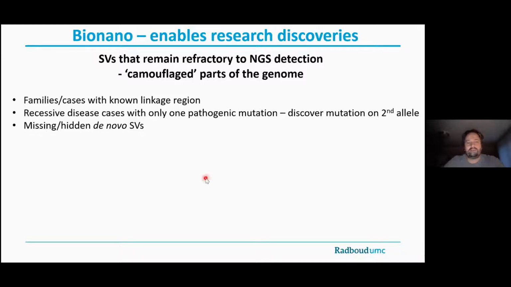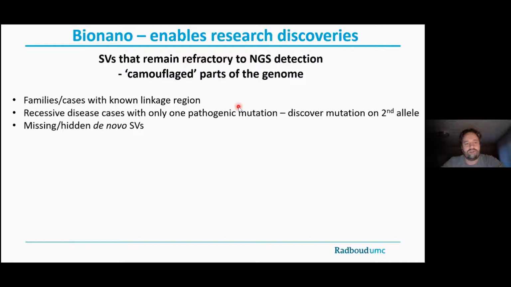Think, for example, about families or cases where you already know the disease gene locus for sometimes quite a long time, but so far sequencing has not succeeded in identifying the disease-causing mutation. Other cases we've included so far are classical recessive disease cases where a mutation was found by sequencing on one of the two alleles, but so far the second mutation remains undiscovered. And there again, speculation may be that the second mutation is a difficult to identify structural variant.